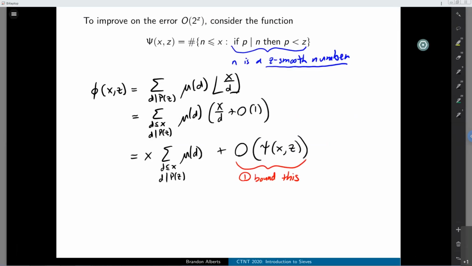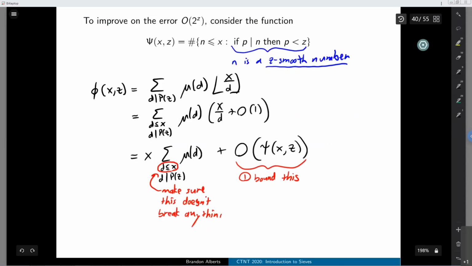But then the other thing, we need to make sure that in the main term, this doesn't break anything. So we'll call this 2. That's sort of the two-step process to checking to make sure that adding this extra condition really does give us a stronger result.